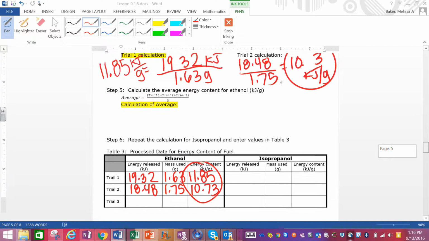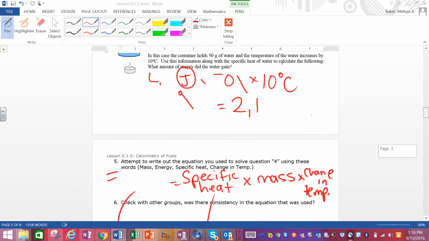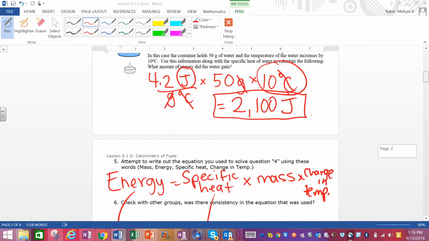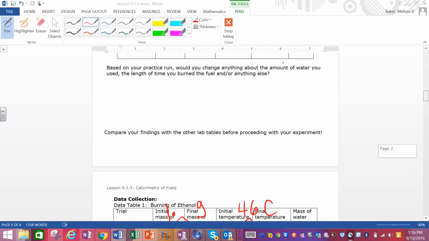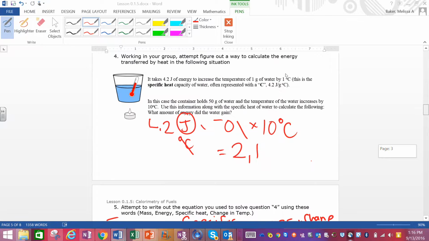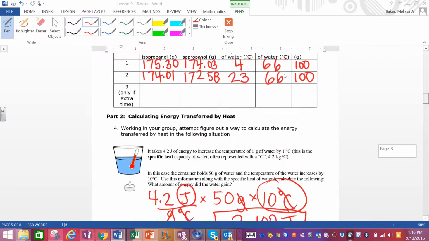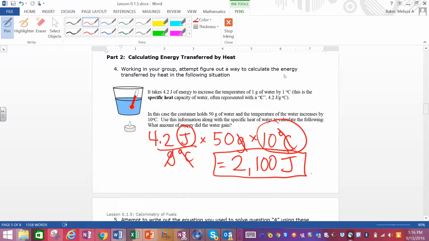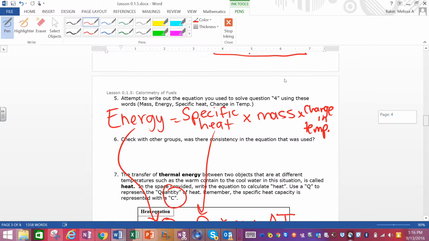And so for isopropanol, I'm going to go back up and use my little space here. Trial 1, the temperature changed by 42 degrees Celsius. I'll write this all down so I don't have to keep scrolling back and forth here.